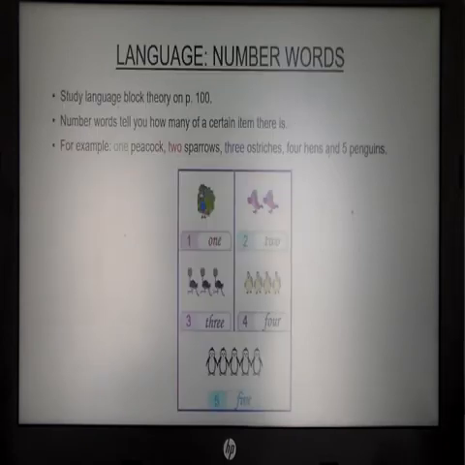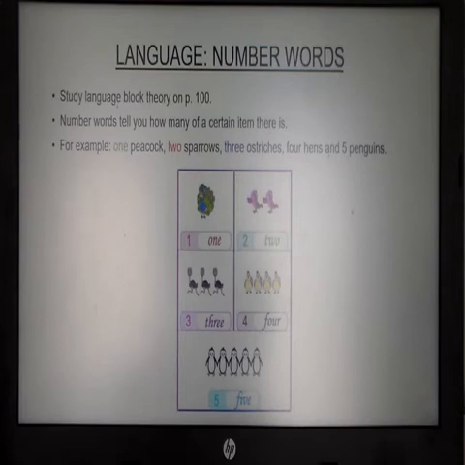Okay, today we're going to look at number words. There's a language theory block on page 100 about number words. It tells you there that number words tell us how many of a certain item there is. I've given you a bit of a picture diagram here.